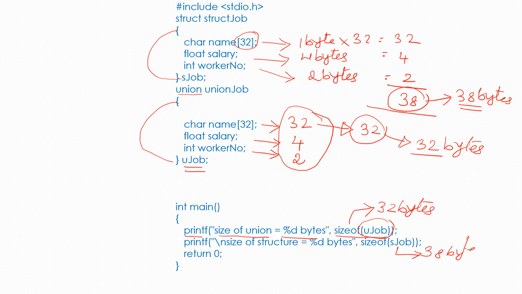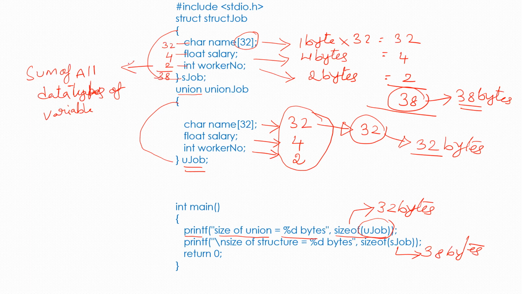So this is called the difference between structure and union. Remember, the important thing is that in a structure, it is the sum of all the data types of the variables. Here a character will occupy 1 byte, float 4 bytes, integer 2 bytes, but here we have 32 characters, so 32 into 1 is 32, float 4, integer 2, so this is equal to 38 total.